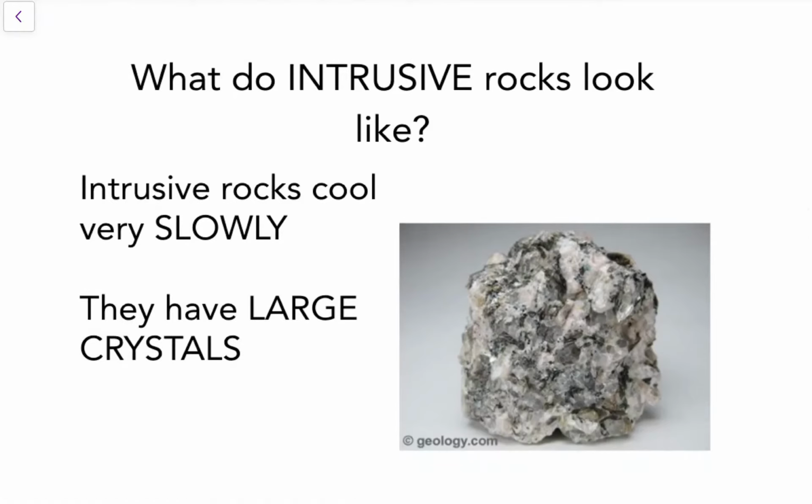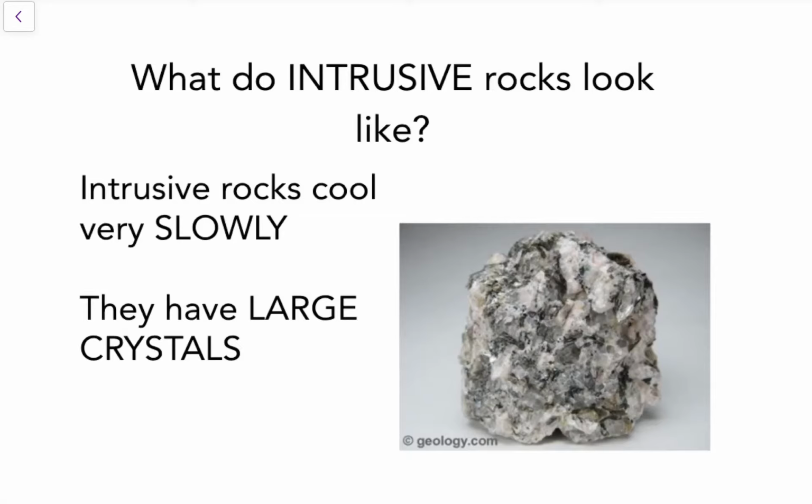What do intrusive igneous rocks look like? Because these rocks are cooling inside of the Earth, they cool very, very slowly. And so because they cool very slowly, there is a lot of time for very large crystals to form in the rock.